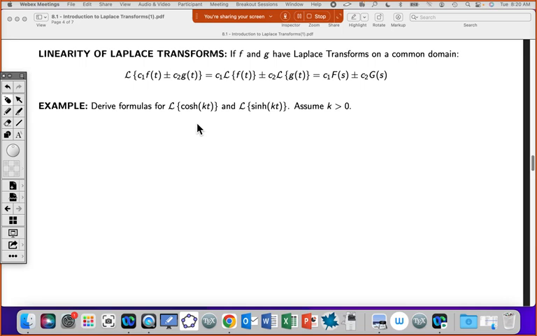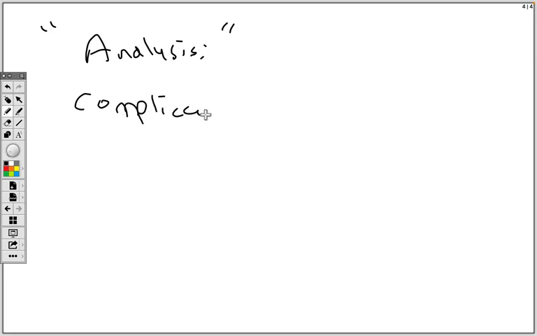So that's one of the big ideas in math. I haven't really been mentioning it too much in this course, but there's the idea of analysis. Analysis, the broad idea, is when you take something complicated and resolve it into its parts.